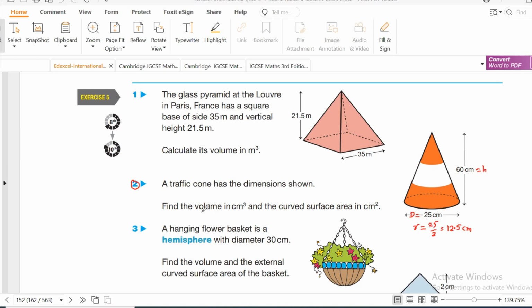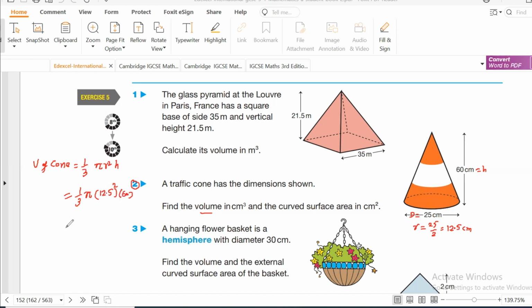That will help us when we use the formula. Now first we will see what the volume is. Volume of cone is equal to 1 over 3 pi r squared h. This formula will help you find the volume of the cone. Now 1 over 3 pi, r is 12.5, 12.5 squared, and height in this question is 60.